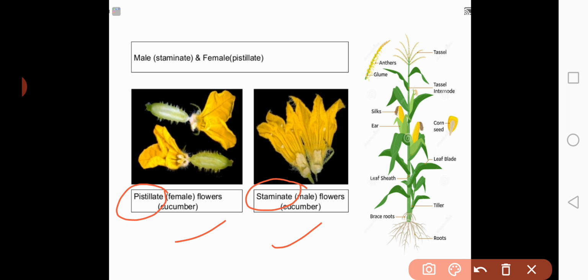Here in maize, you can observe the male sex organ, called the tassel, and the female sex organ, called the silk. These two are borne on the same plant, so the plant is monoecious.